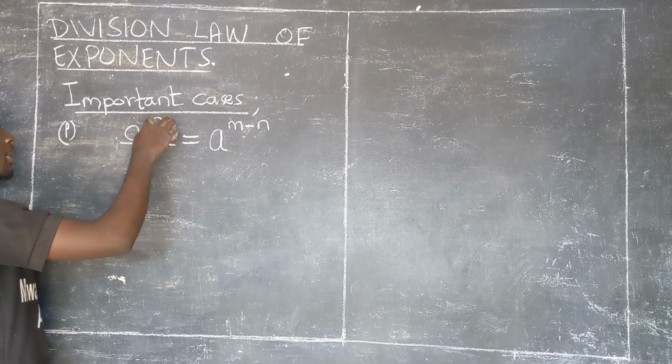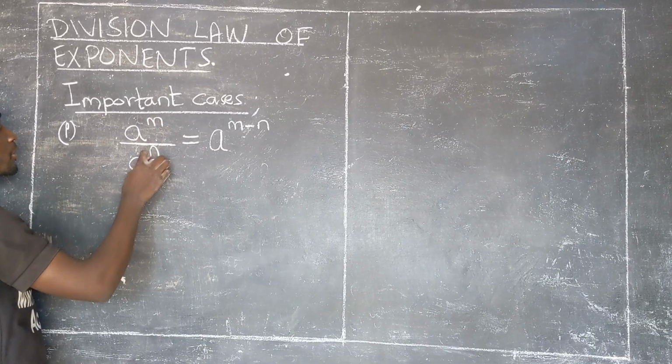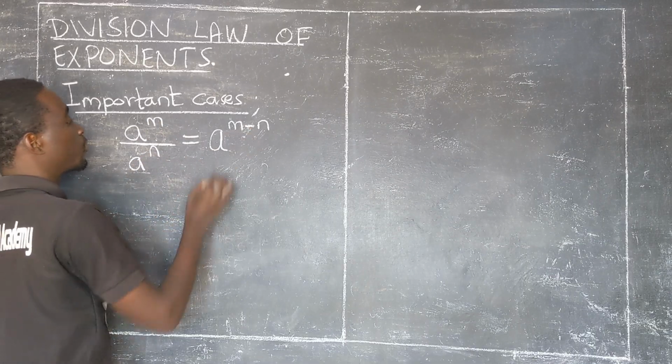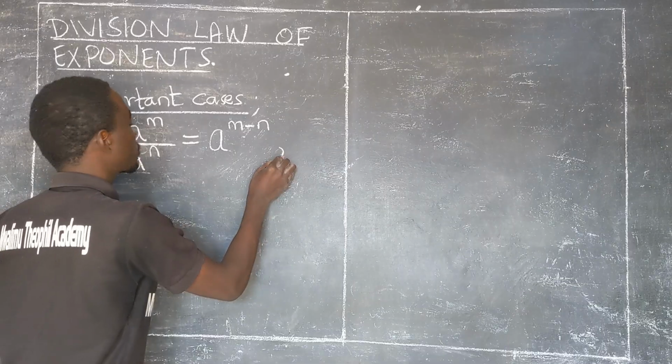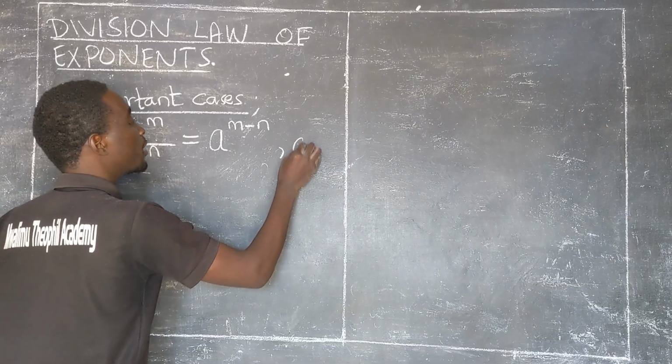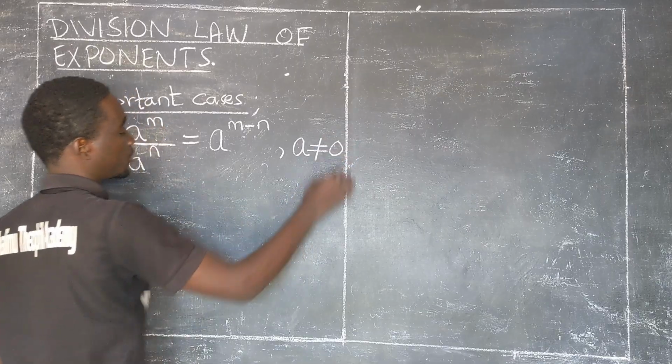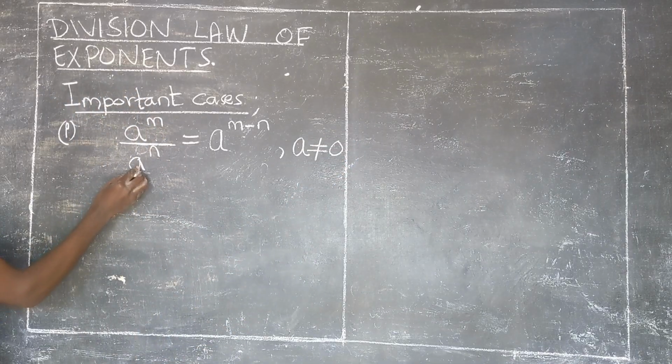We take the exponent in the numerator and subtract the exponent in the denominator, this way. This will only be true if a is not equal to 0, as when it is equal to 0, it is undefined.